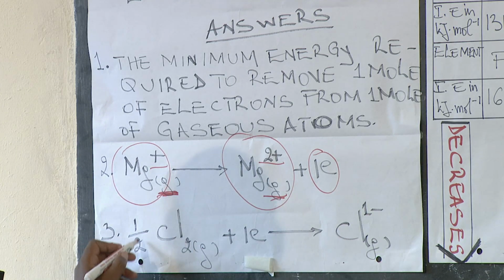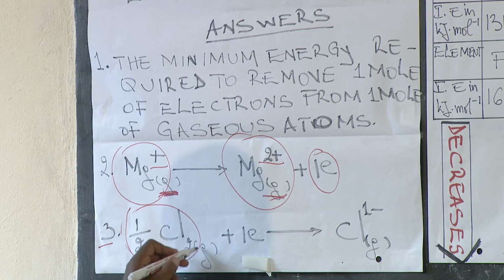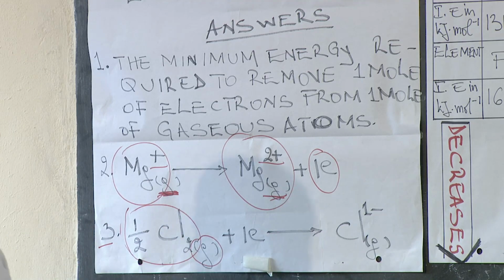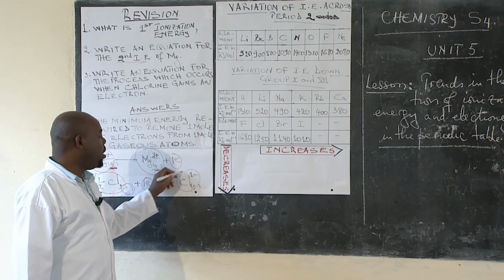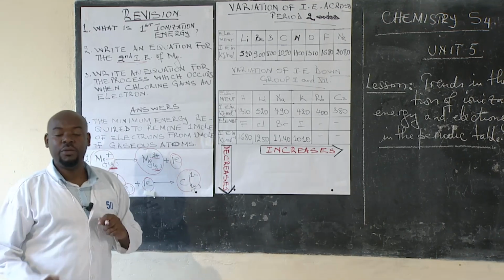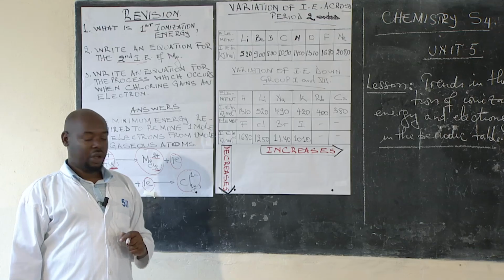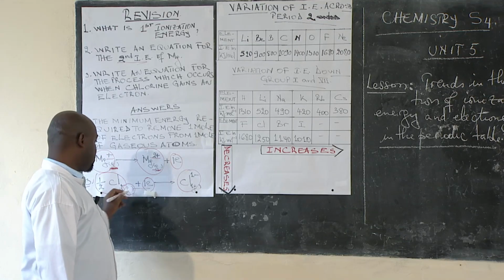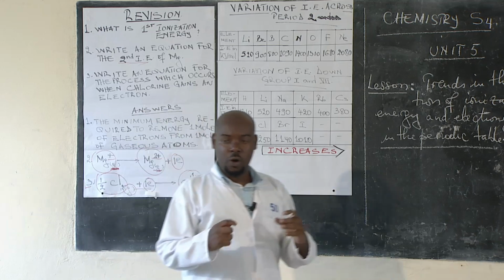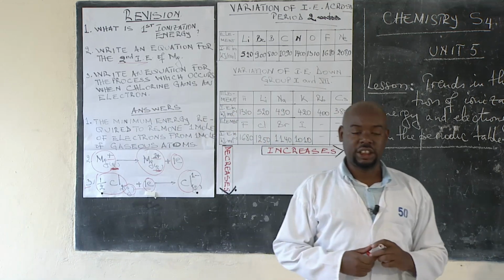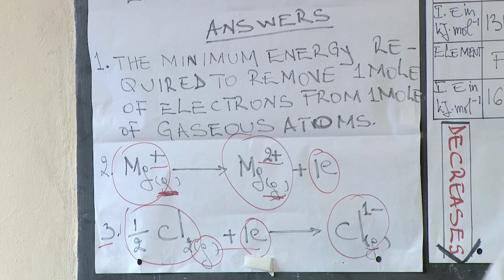Number 3, we have a half mole of chlorine molecules, which gain 1 mole of electrons to become 1 mole of negatively charged ions, and all the particles in the gaseous state. Thank you very much for doing well the exercise. Now we can start our new lesson.